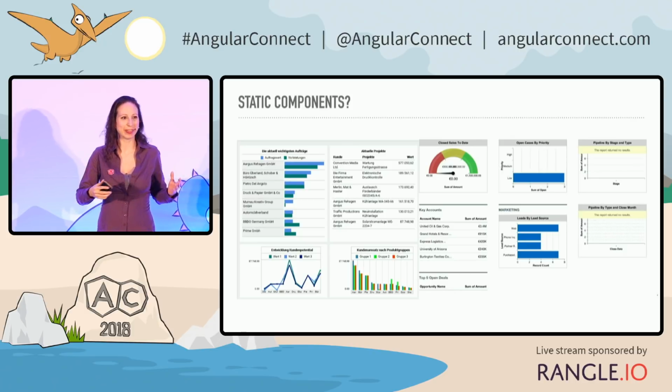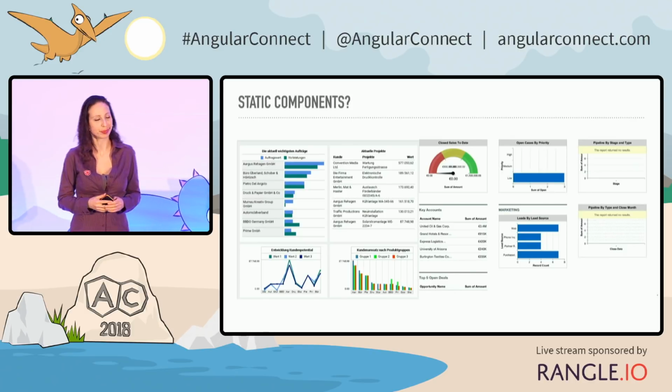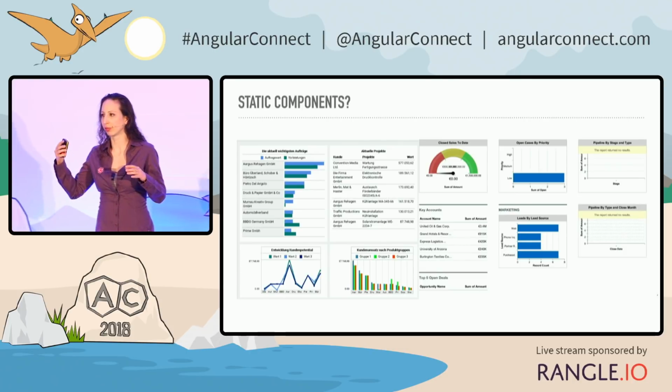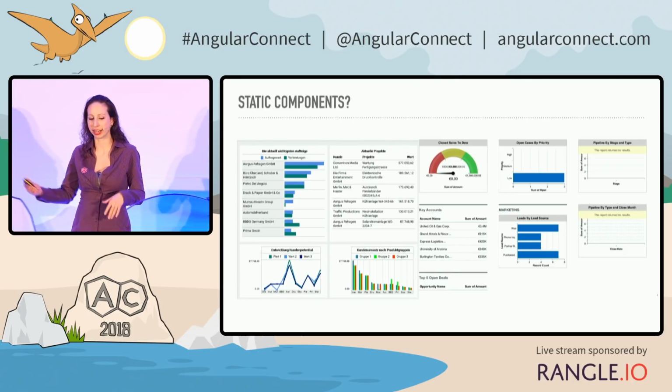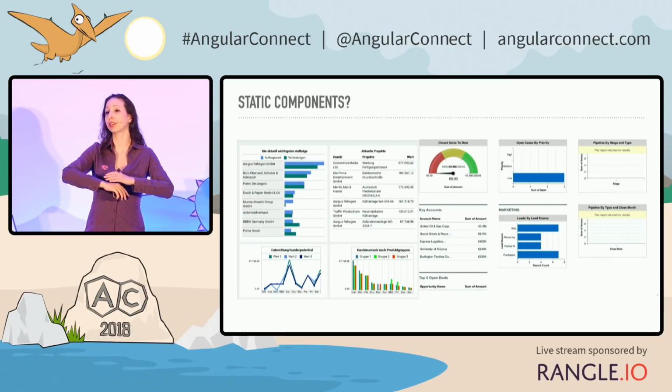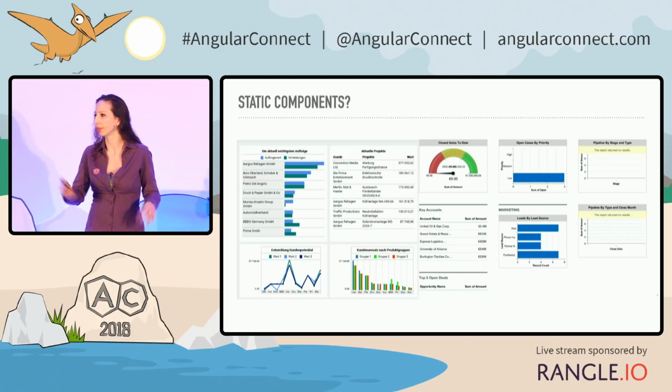So let's say that you're developing a very generic dashboard. And you're developing all these types of components, types of graphs, tables, gauges, and so on. And then you and your team are developing tens or hundreds of different components.